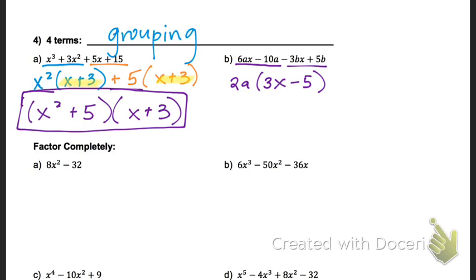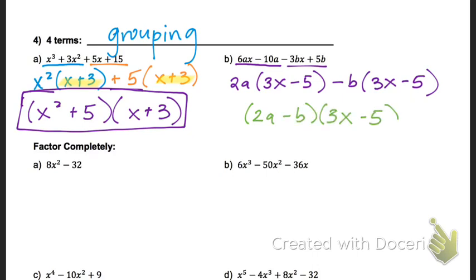B. If I pull out a negative b, then that will give me the same thing in parentheses. So my final answer looks like what? 2a minus b in parentheses and then 3x minus 5. Good. And I only write that one time.